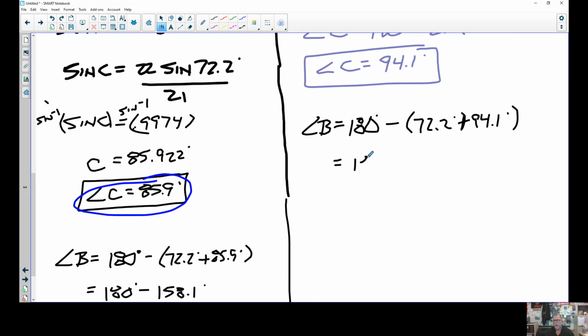That would be 180 degrees minus, well, 72.2 plus 94.1 is, what do we get, 166.3 degrees. And that means we get 13.7 degrees for angle B over here.